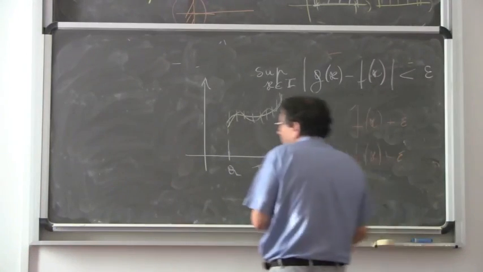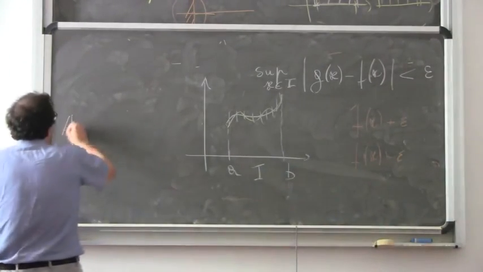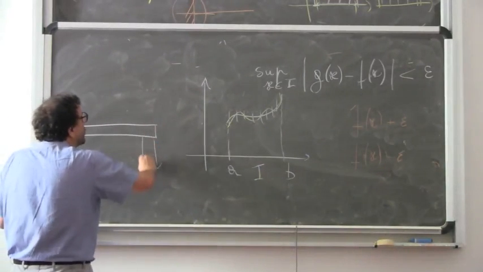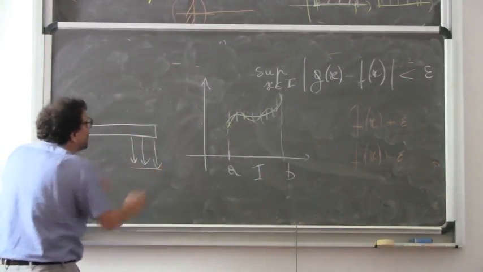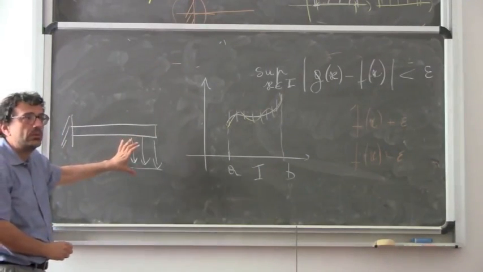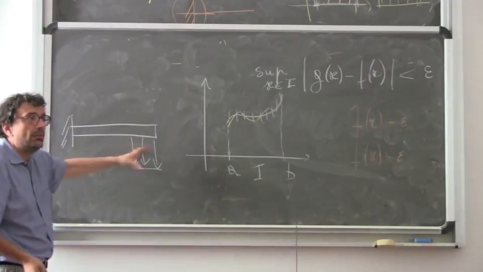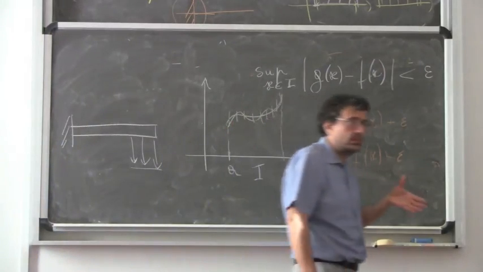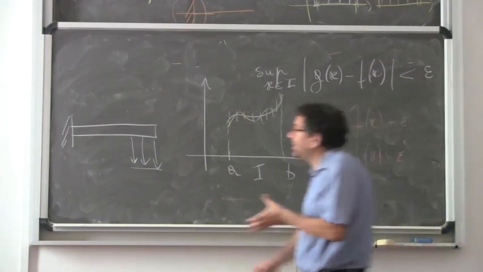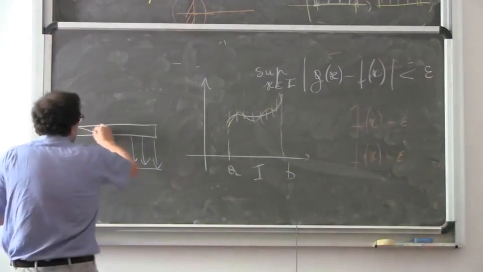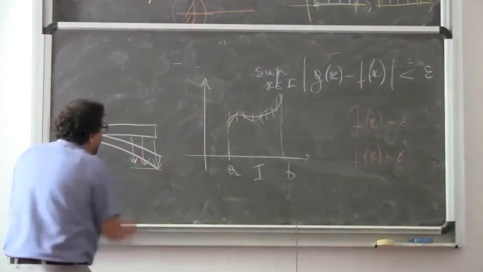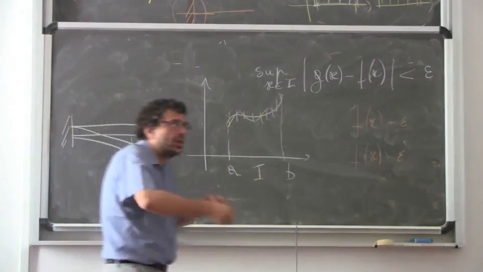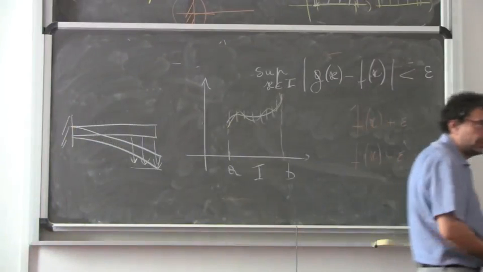So, consider a beam. You clamp it, you apply some loads. How much is this applied load? You measure it, but you have an error. Then you have the deformation of this beam. You go there, you measure the shape of the beam. Of course, when you measure the shape, you get an error.